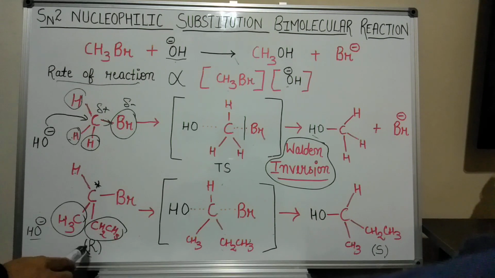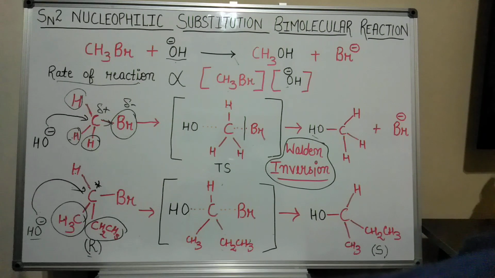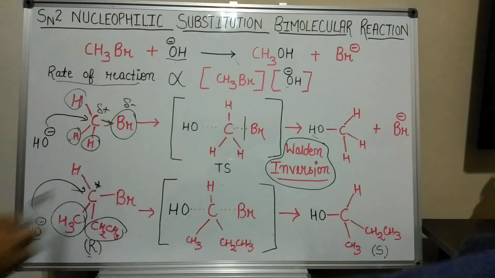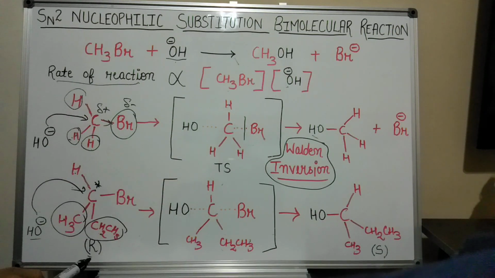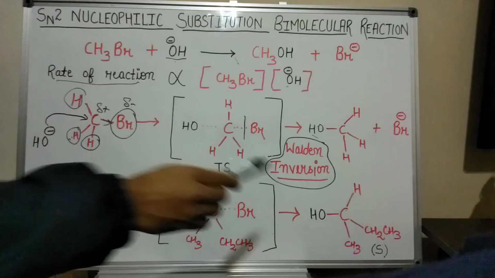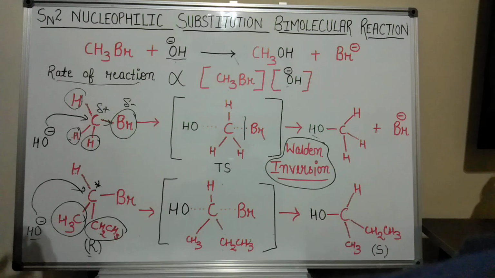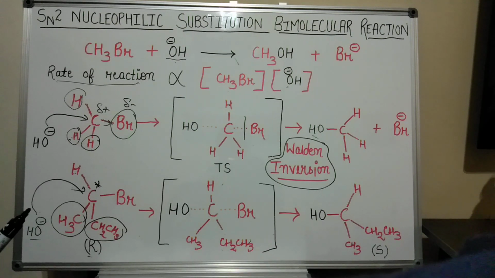And now its configuration is R. So when hydroxide ion attacks on this carbon, again the same transition state is formed, and then in the product you can see that the configuration of the product is S. So inversion of the configuration has taken place, and this is known as Walden inversion. This is a very, very important characteristic of SN2 reaction, which you need to remember.